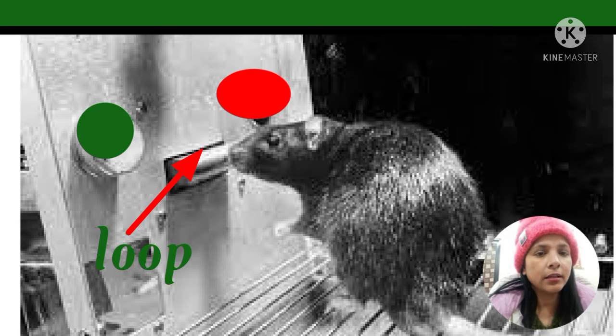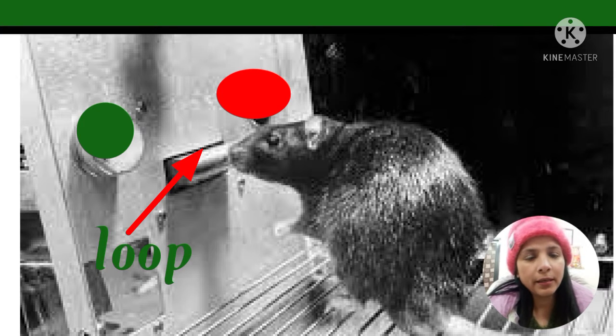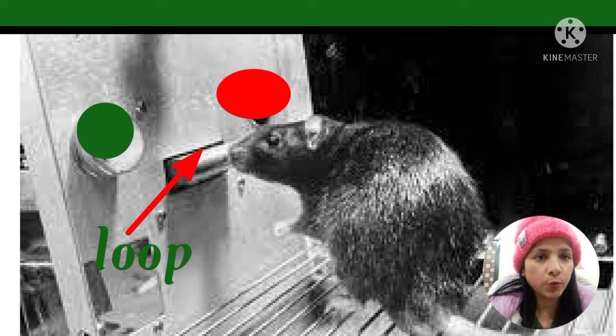You can see here that there are two buttons, one green and one red, and the rat has been placed on a wire. If he presses the lever, he will get a pellet of food. So he had to choose between these two buttons, and he had to press the lever only when the green button was on if he wanted to get that food pellet.